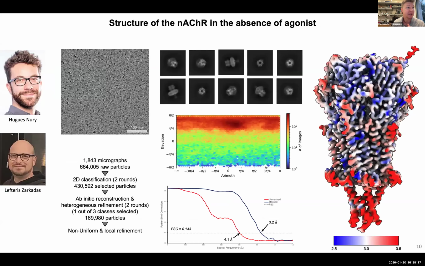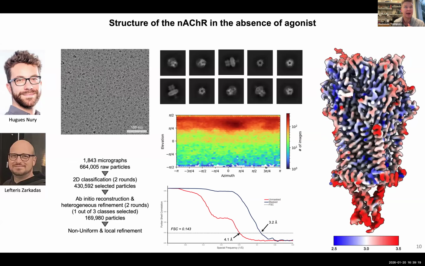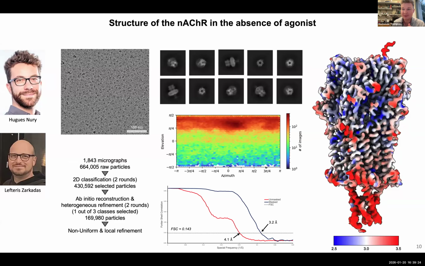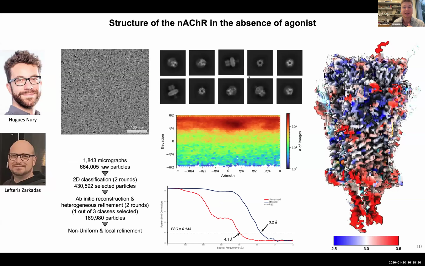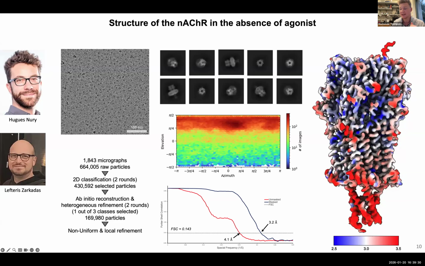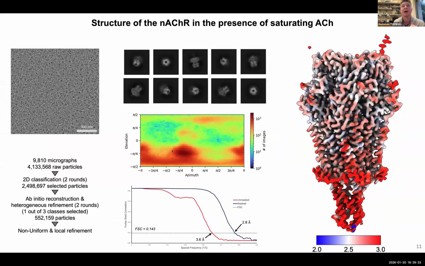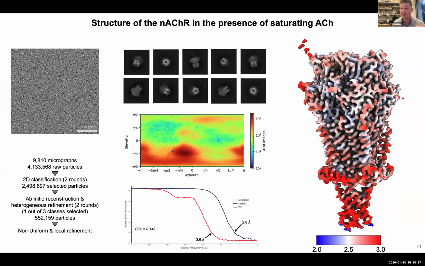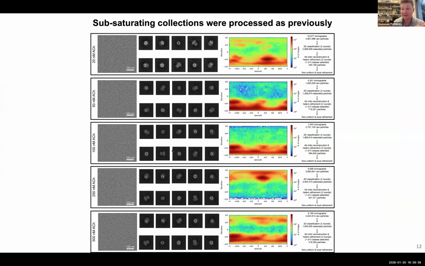So I went to France and worked in Hugues' lab, and with the help of Lefteris Zarkadas, who did a lot of the electron microscopy with me, we were able to get structures of the receptor in the absence of agonist in the resting state, and in the presence of a saturating concentration of acetylcholine. Then we collected five different data sets at various subsaturating concentrations of acetylcholine, processed them all the exact same way, and took a look.